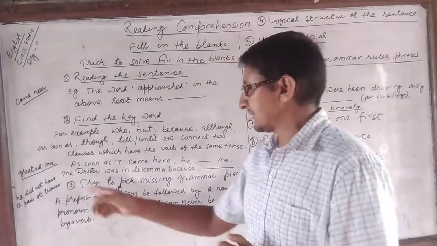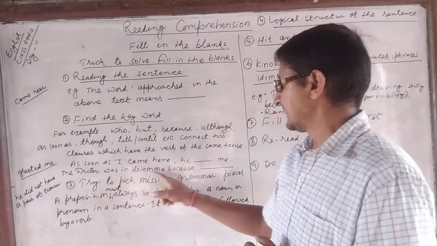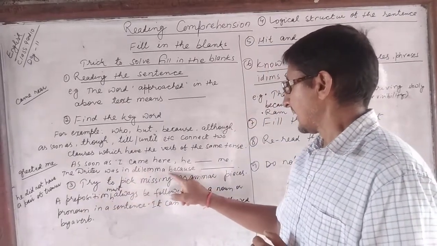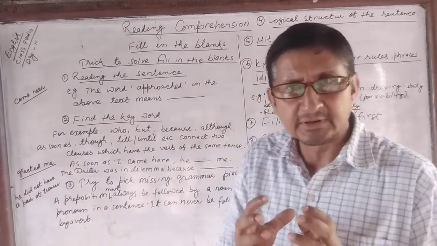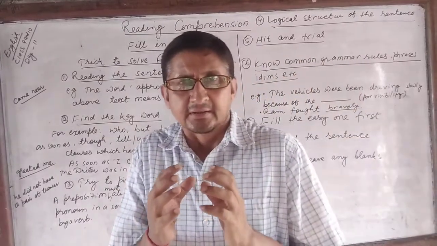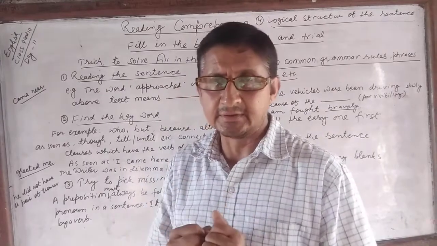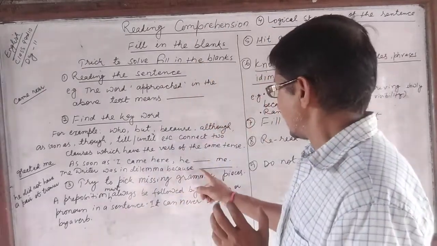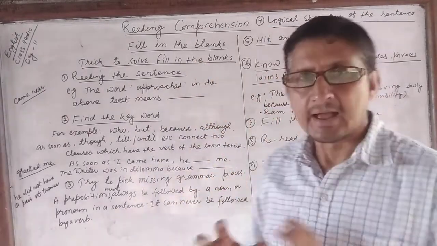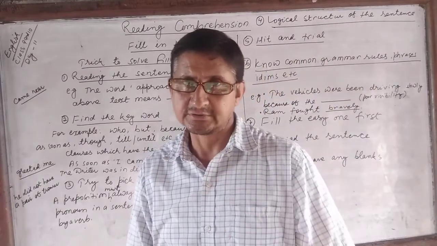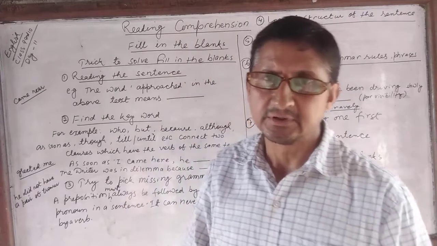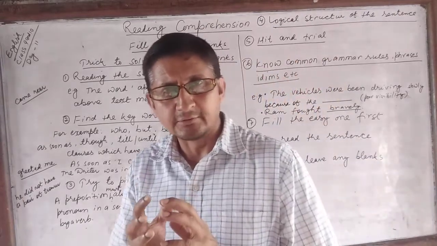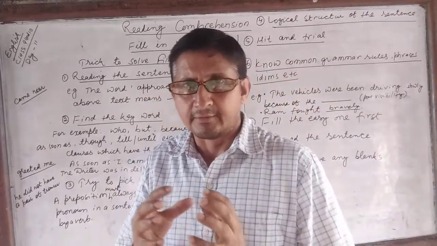Let's see another example. "The writer was in a dilemma because ___." Here is the word because. If there is the word because, it adds a reason. You have to fill up with a reason after because. In this way, with the help of the keyword, you have to find the word for the blank.